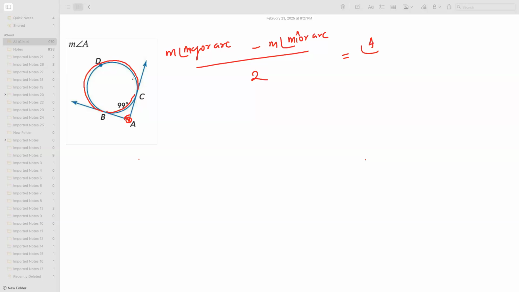So what is the measure of, isn't it 360 divided by 2? No. What is the measure of the major arc? Major arc is always written in 3 letters, right? Measure of BDC minus measure of BC divide by 2. What is BDC? This is 99, so this is 360 minus 99, right?